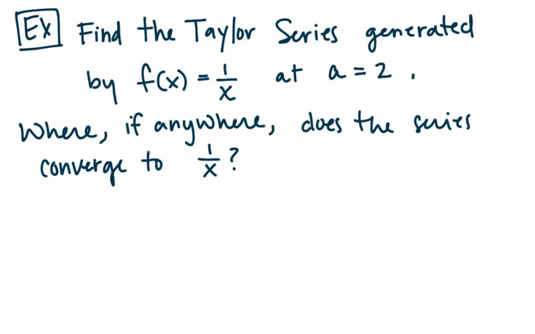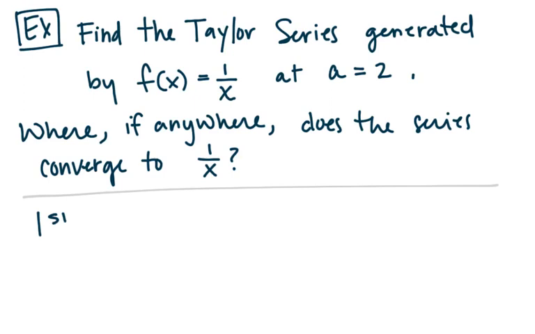We're going to do so at the point a equals 2. The only difference if this was a Maclaurin series is that a value would be equal to 0. But here we have a equal to 2, so we're dealing with a more general Taylor series. After we've done that, we're going to ask where, if anywhere, does the series converge to 1 over x?